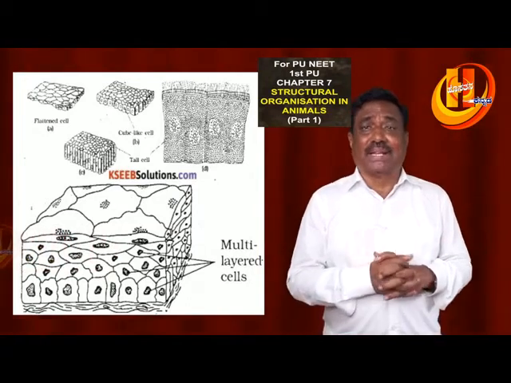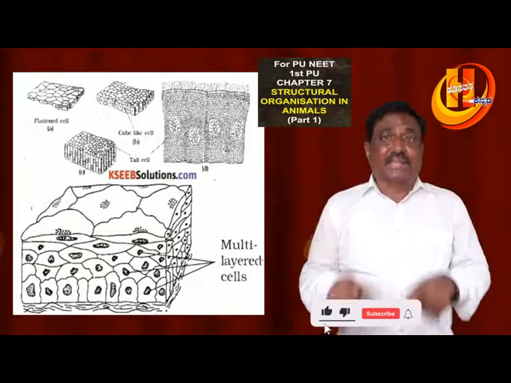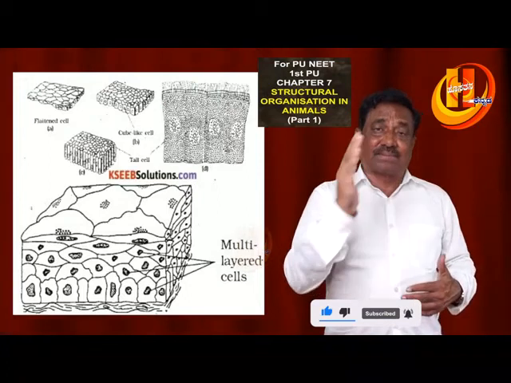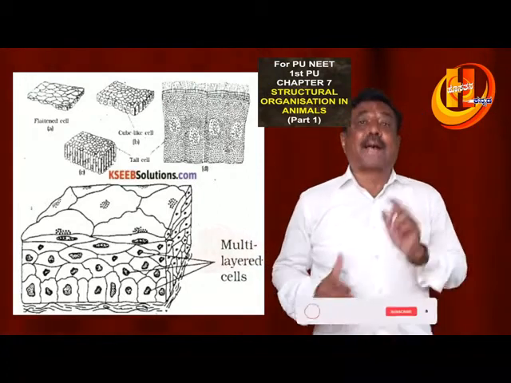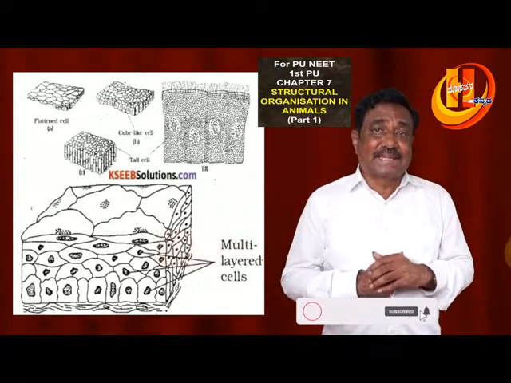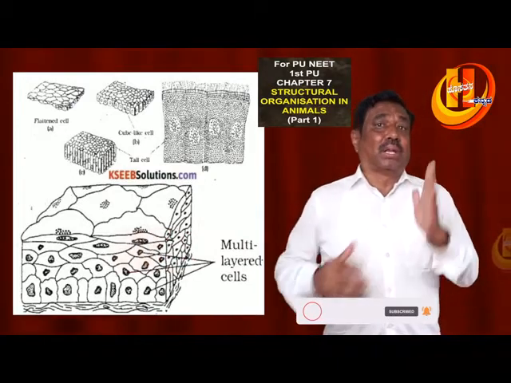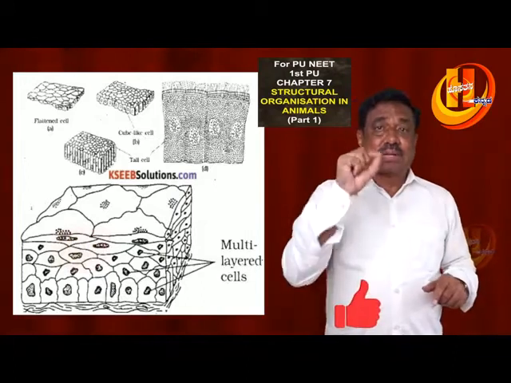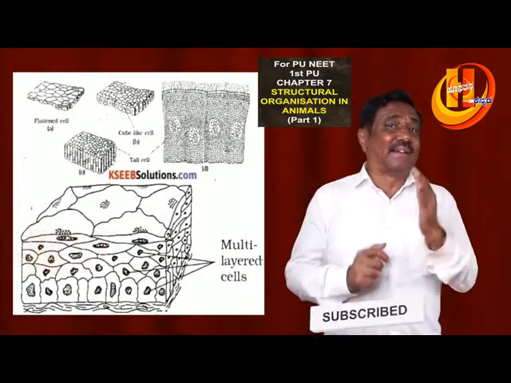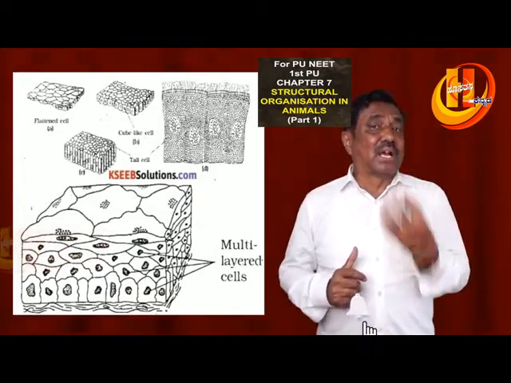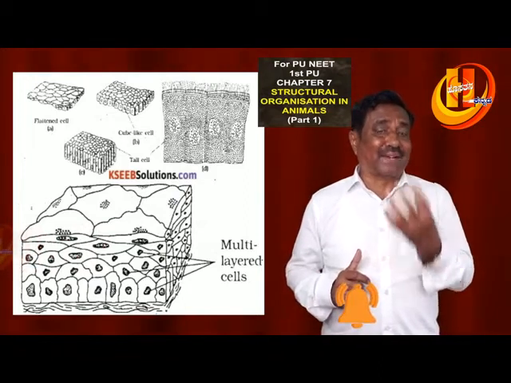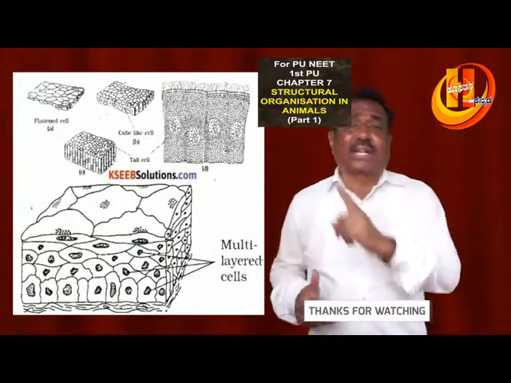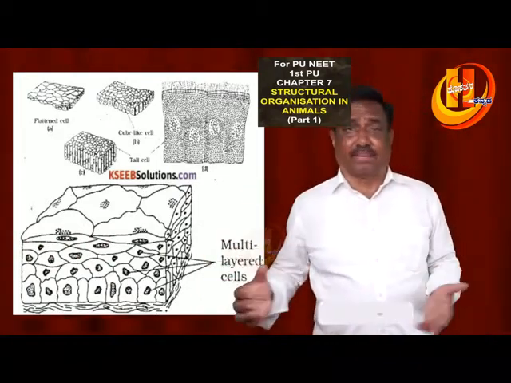After squamous epithelium, columnar epithelium: pillar-like cells closely packed, arranged on structureless basement membrane, contains nucleus, cytoplasm, cell membrane, and nucleus present at the base. These columnar epithelium are present in the intestine, and microvilli serve in absorption. Next, a modified columnar epithelium with cilia is called ciliated epithelium.